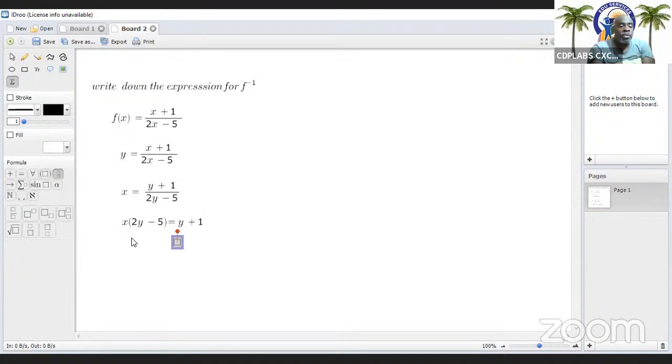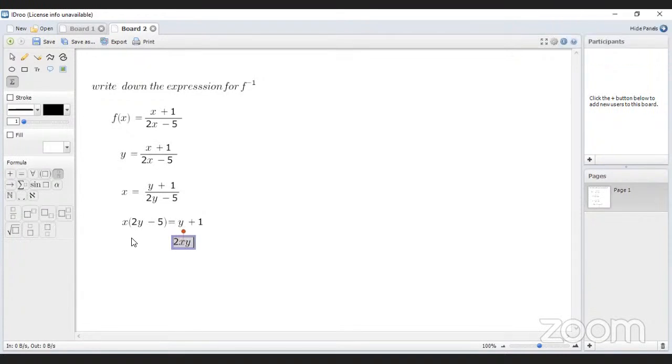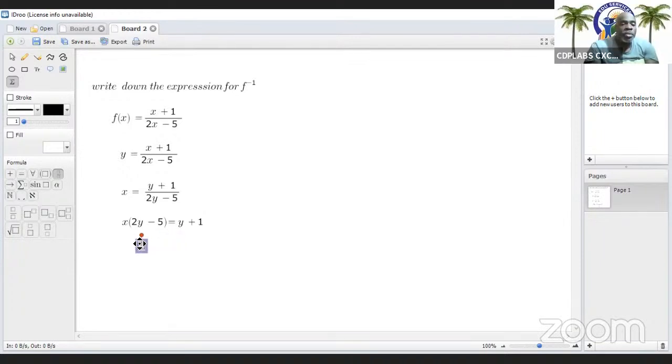So you're going to have 2x. This is the distributive law. 2xy minus 10, which is equal to y plus 1.